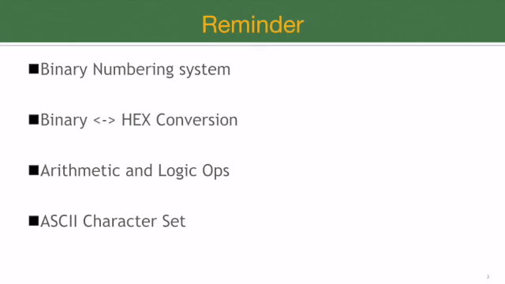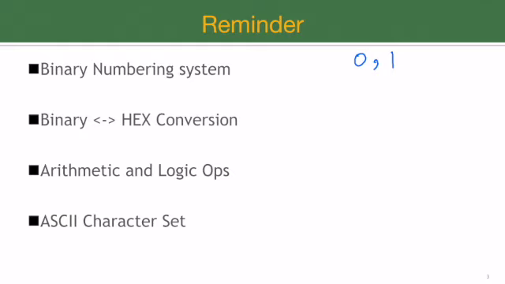As a reminder, in the last session, we talked of binary numbering system. We talked of the two digits that exist in the binary numbering system, and these two digits are 0 and 1. And we talked of different operations that are possible on these numbering systems.